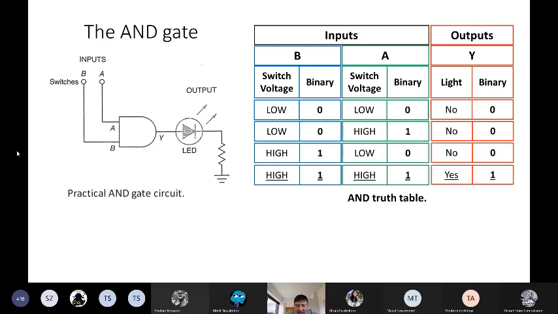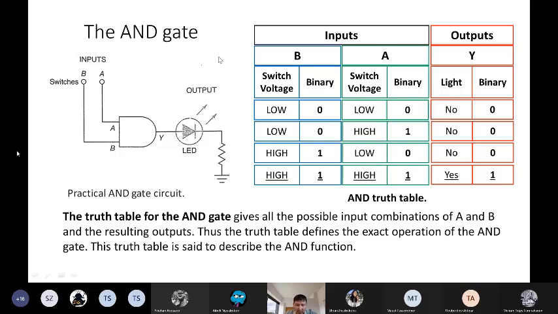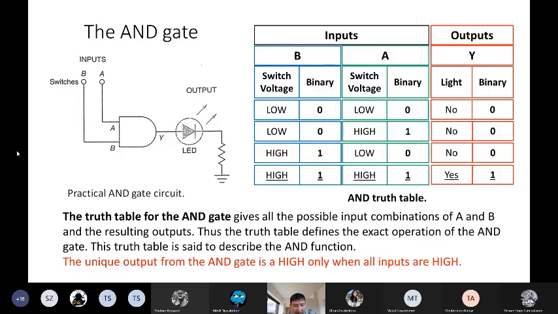Only the last line has output 1, when both inputs are 1, 1. You should be able to understand what a truth table is, and for such simple logic gates you should be able to fill in this kind of table.